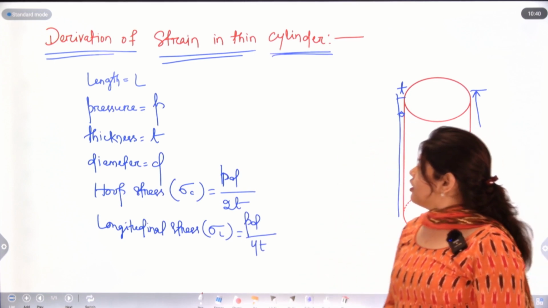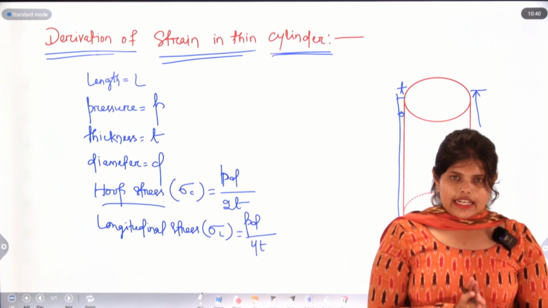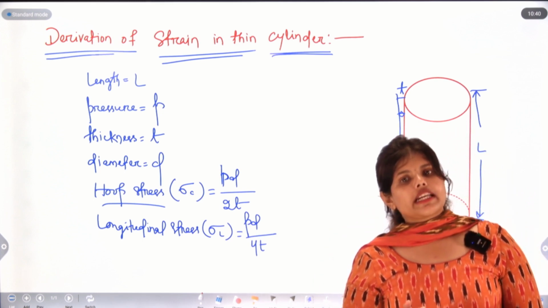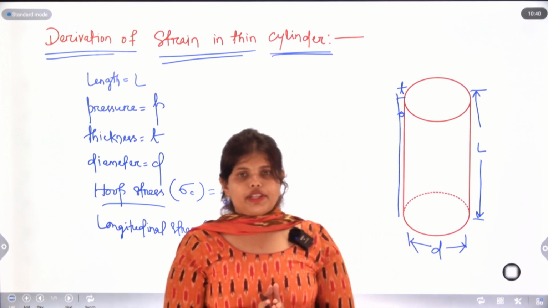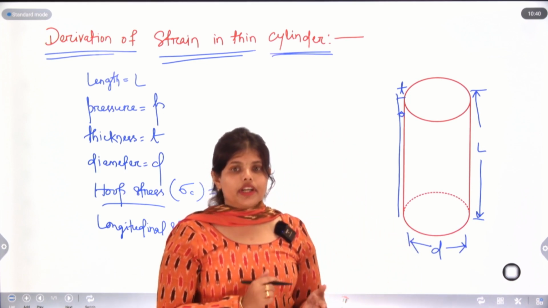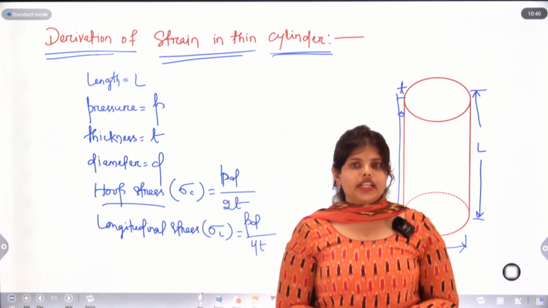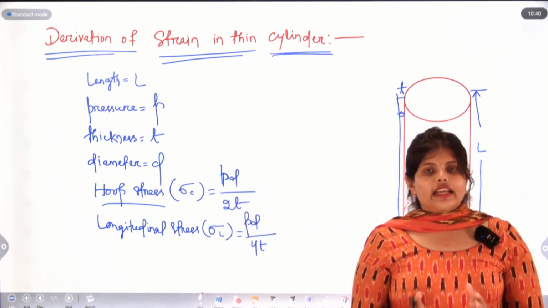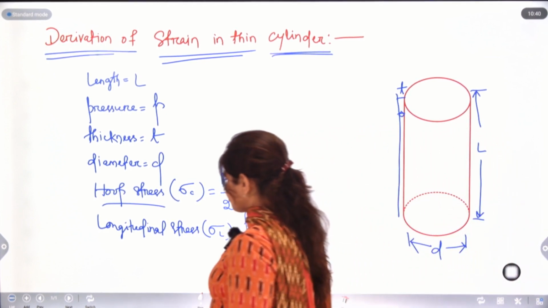So, here we have our hoop stress. When stress arises, there will be some strain. What is strain? For circumferential stress, strain is the change in diameter with respect to the original diameter. And due to longitudinal stress, it is the change in length with respect to the original length.